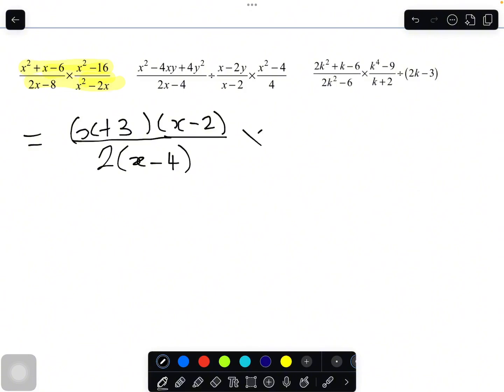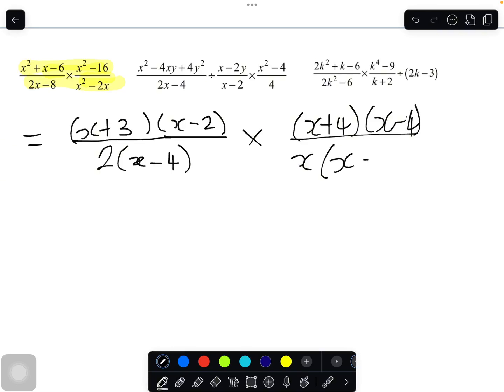I'm going to say that's going to be multiplied into, now we have a difference of two squares, x plus 4 into x minus 4 over x into x minus 2. And now we're going to see where we can cancel off.